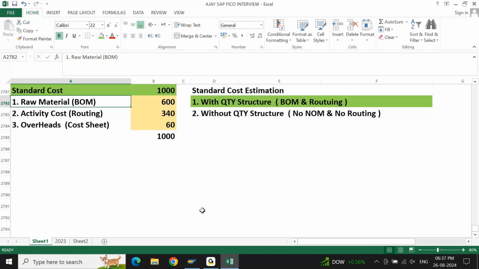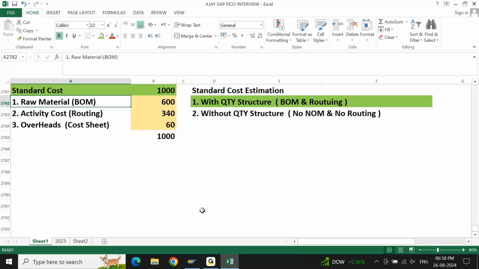In this 1000 you are able to know the RM cost, activity cost, overhead cost. What is your RM cost? 600. What is your activity cost? 340. What is your overhead cost? 60 rupees.